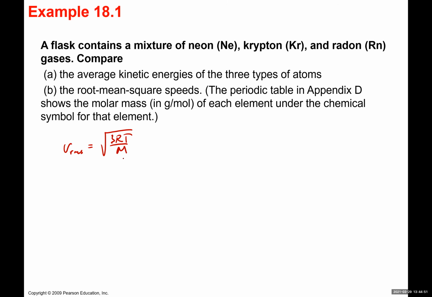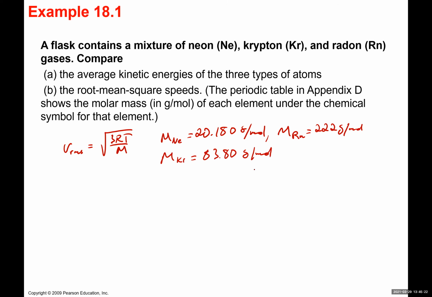So that's what we have. Let's say the molar mass of neon is 20.180 gram per mole, the molar mass of radon is 222 gram per mole, and the molar mass of krypton is 83.80 gram per mole. Okay.